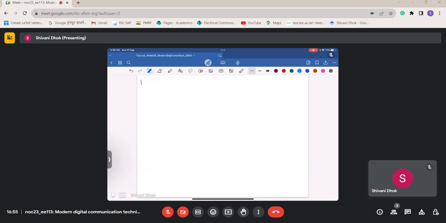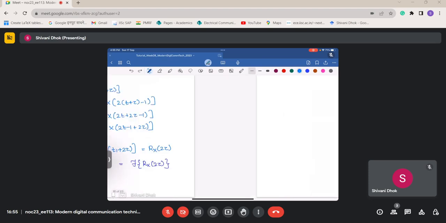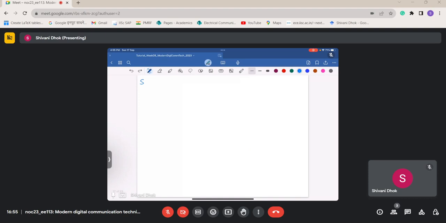So Sy of f is equal to the Fourier transform of Rx of 2 tau, which is nothing but integral minus infinity to infinity Rx of 2 tau into e power minus j 2 pi f tau d tau.